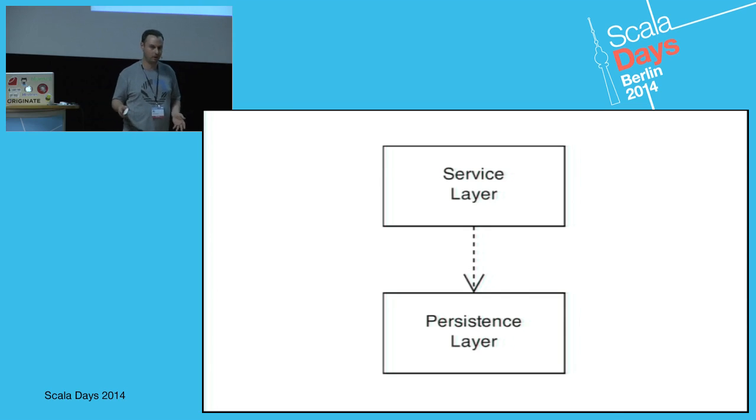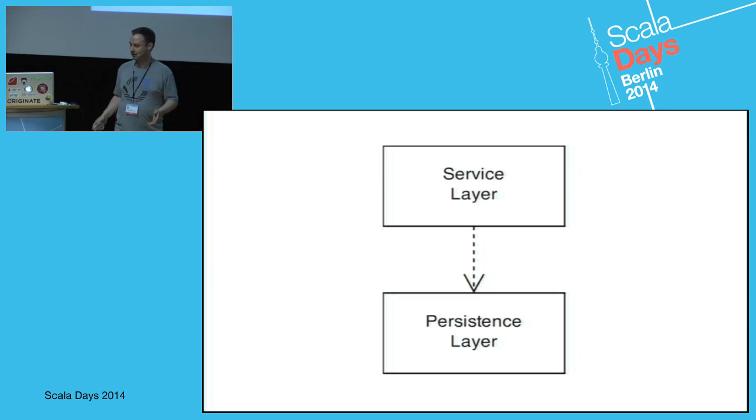First of all, any change you make to the lower level layers affects all of the layers above it. Secondly, this coupling means that, like in this case, the service layer can't really exist without the persistence layer. So you can't, for example, take it out and test it in isolation, because you need to bring the persistence layer along with it. And this is especially a problem because most applications have several layers.